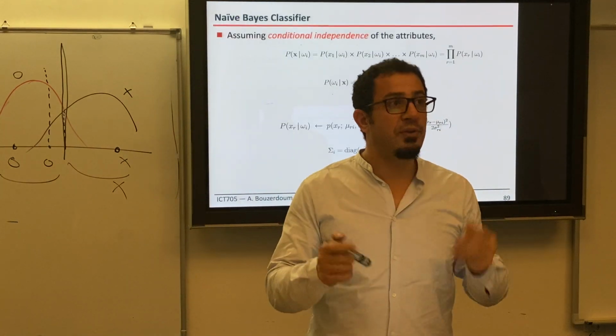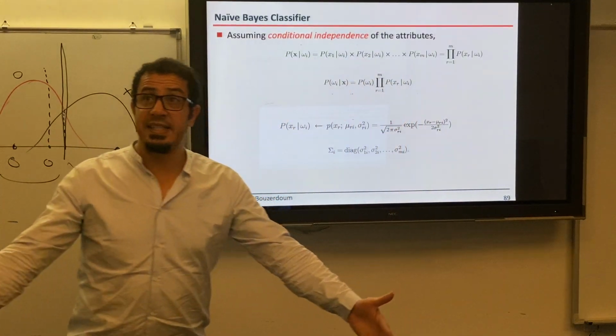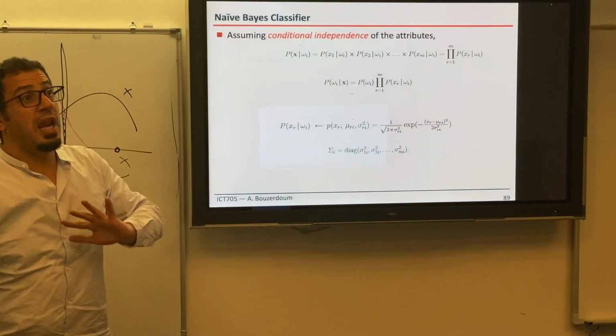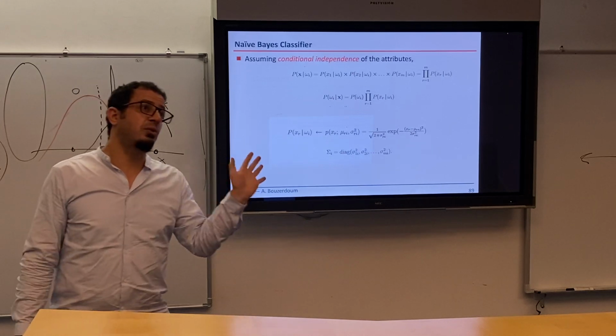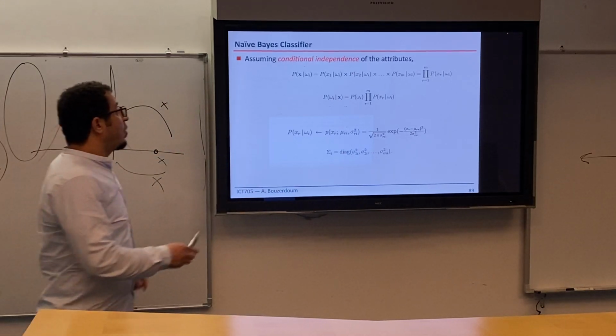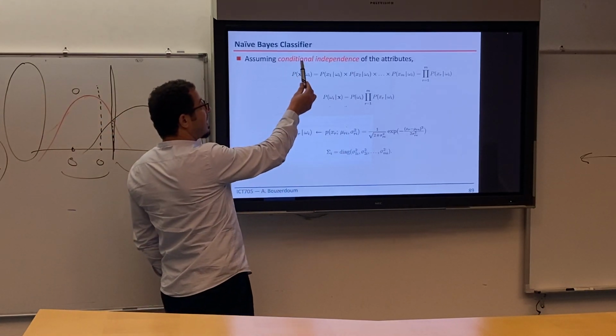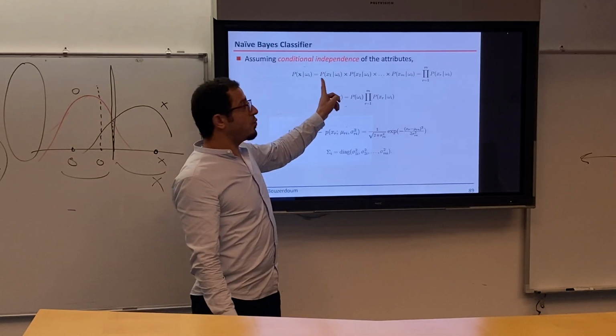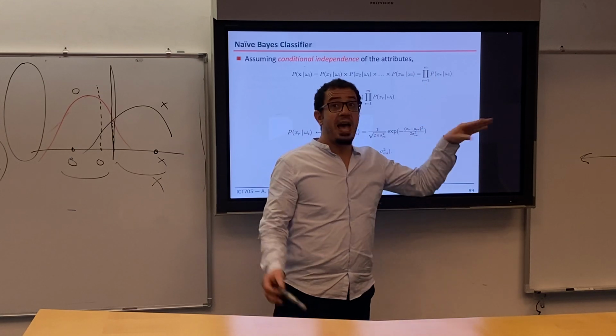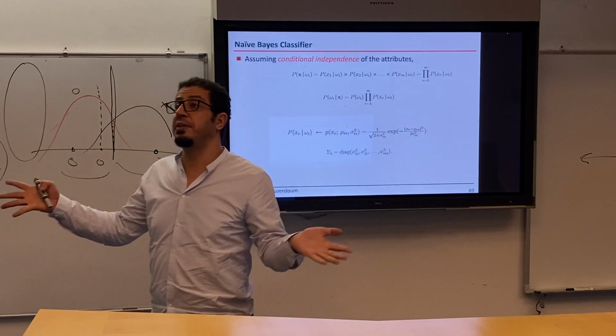So look here, for example, in order to estimate this cloud or the Gaussian distribution, I can estimate only on the x-axis and only on the y-axis. So what will be the probability of x given I am in class i? It will be the product of x1, x2, until xm, where m is the number of features. They are all independent.